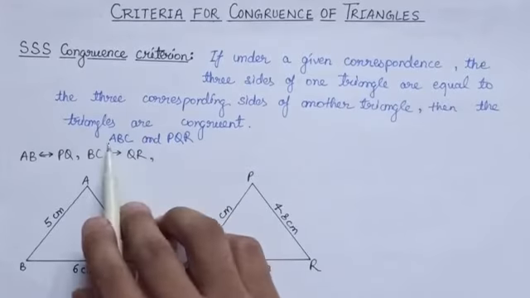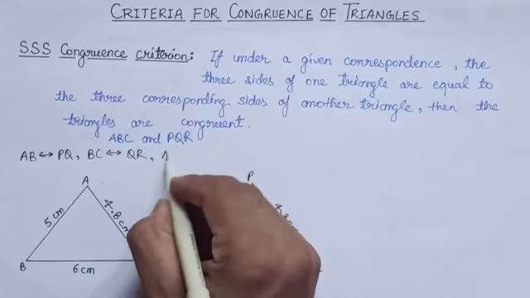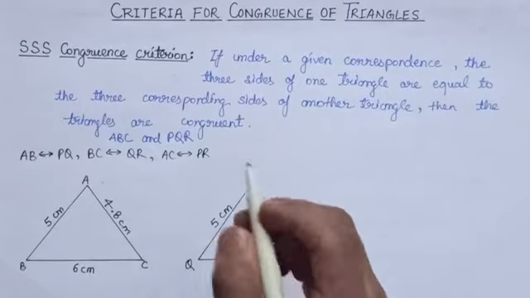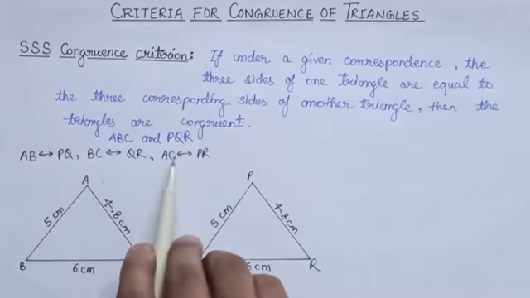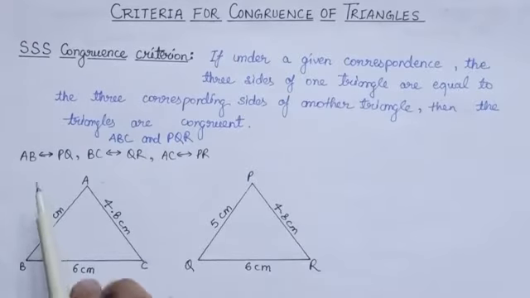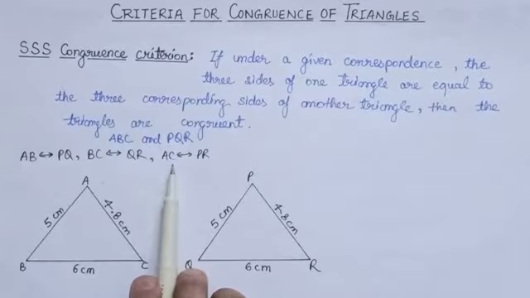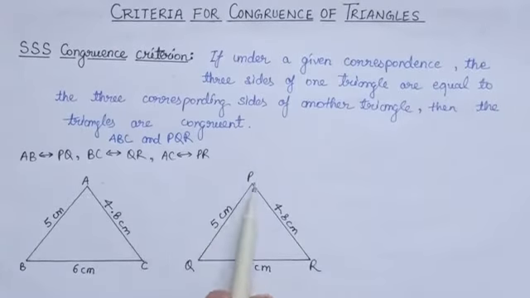And the side AC corresponds to the side PR. It means in the two triangles ABC and PQR, the sides AB, BC and AC correspond to the three sides PQ, QR and PR of the triangle PQR.